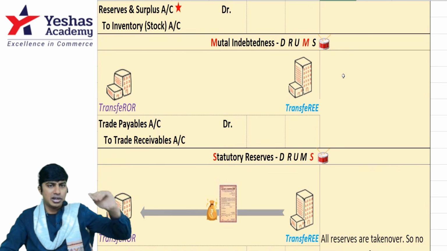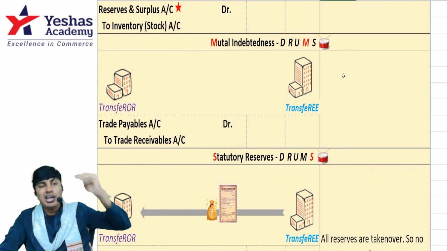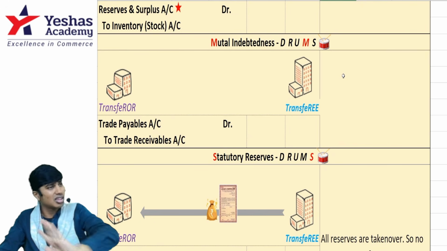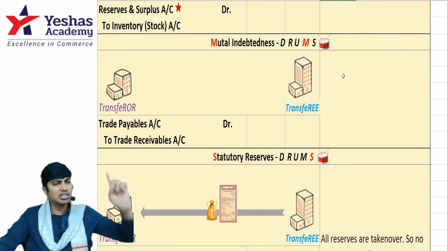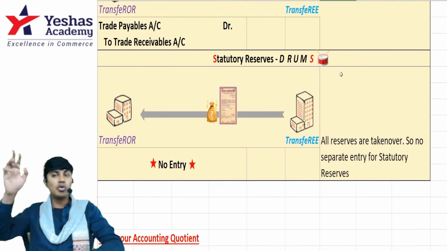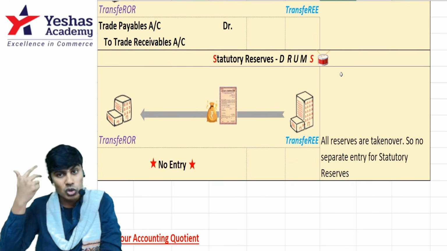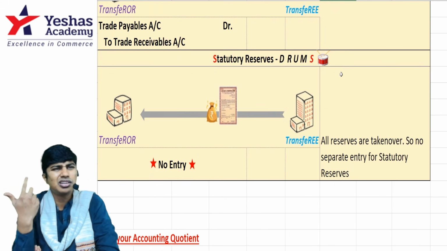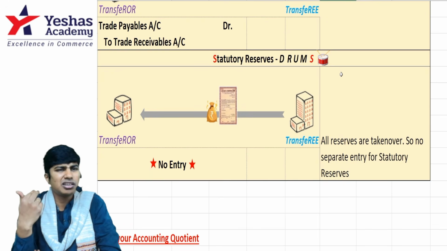Trade payables to trade receivables, bills payable to bills receivable, creditors to debtors, the same entry we have understood in the past. Nothing new. We are done with DRUM. Statutory reserve entry will not come. Why? When we took over all assets and liabilities, including reserves and surplus, there only we took over the statutory reserve. There won't be any separate treatment needed for this.